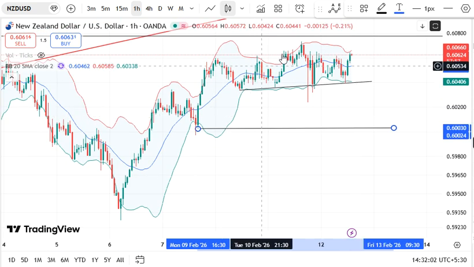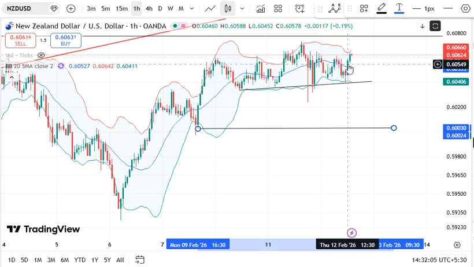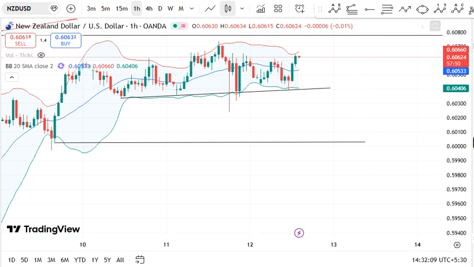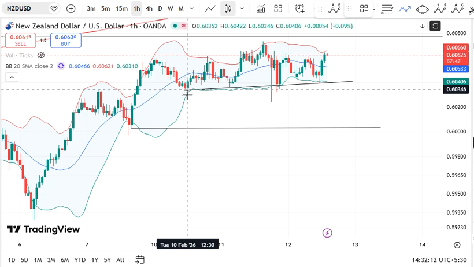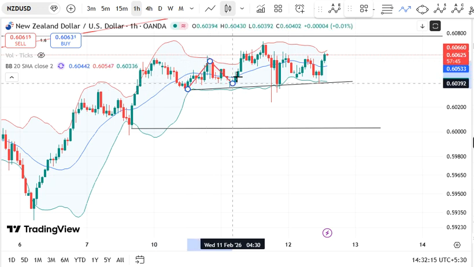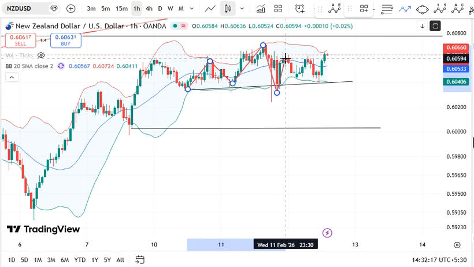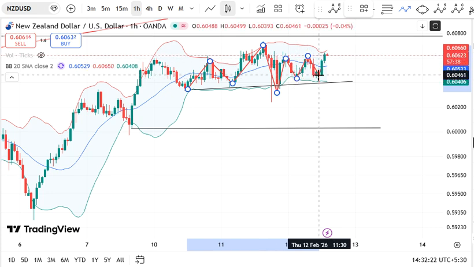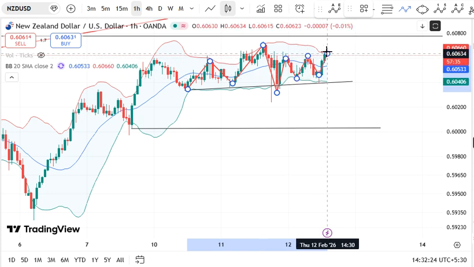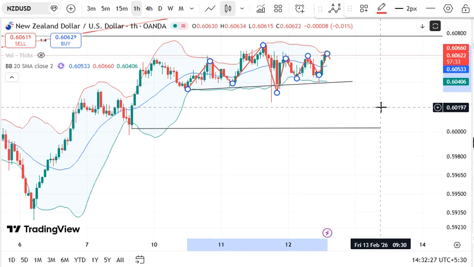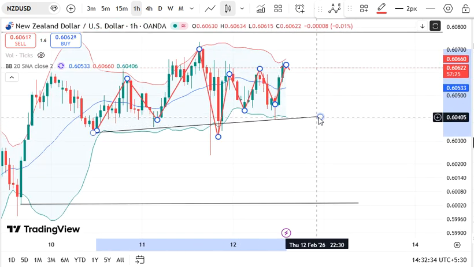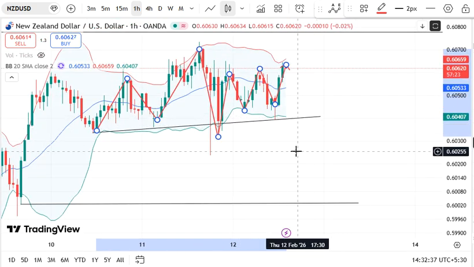There is also a high possibility that this will continue making higher highs and higher lows, because it is still making higher high, higher low like this, again higher high, higher low, lower high, higher low, almost the same high, higher low, again higher high. So there is a possibility that it will continue making higher highs and higher lows, but if this lower trend line breaks, there is a possibility of short momentum.